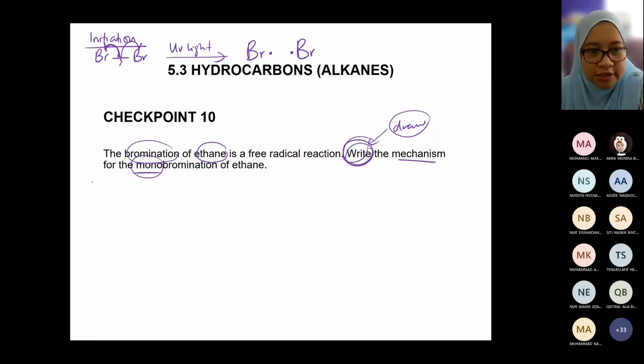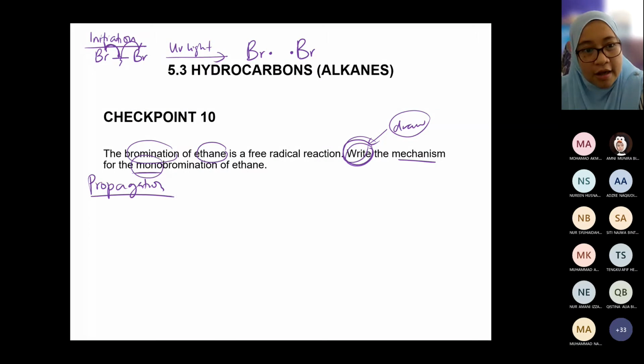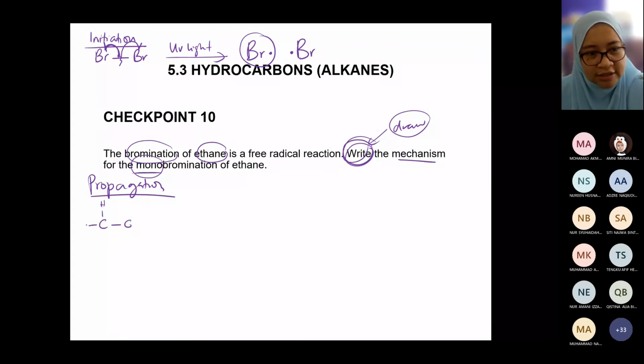Now let's proceed to propagation. We know that propagation has two steps. Let's use the free radical produced from the initiation. I would normally start from the alkane itself, ethane. To show everything, you can also use the skeletal structure.